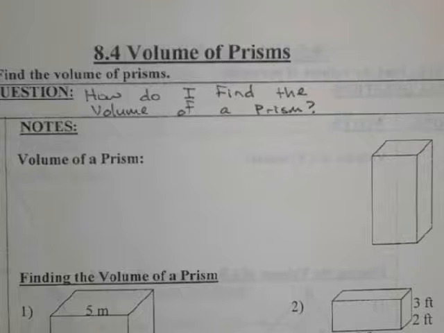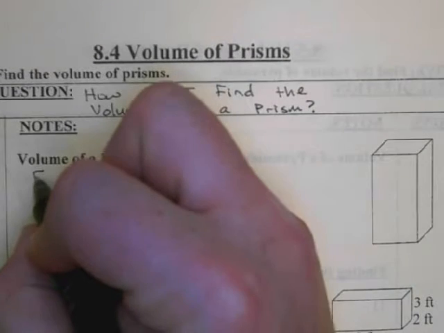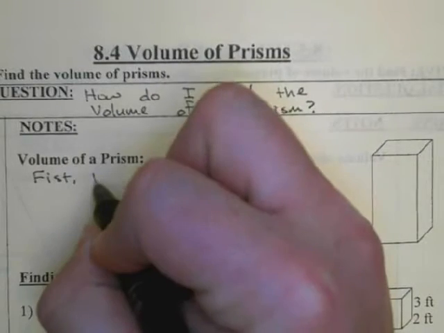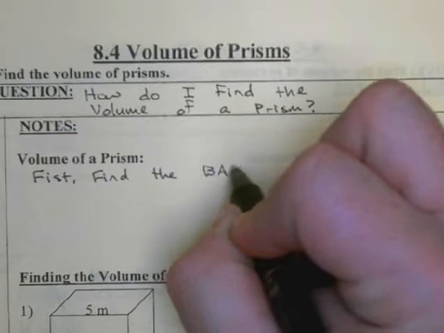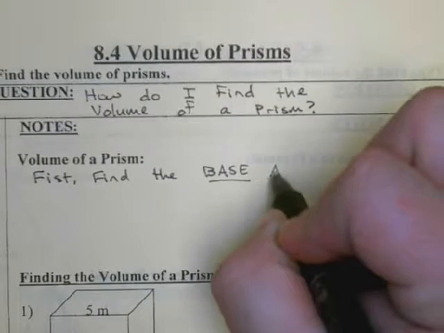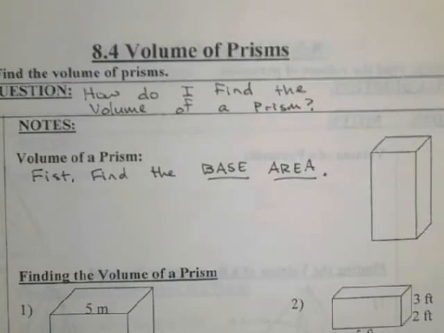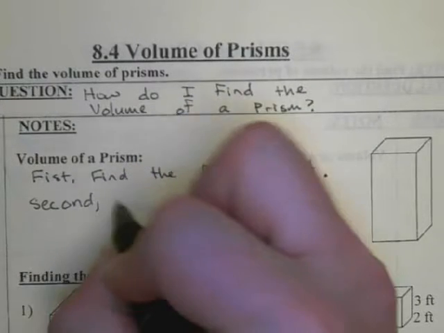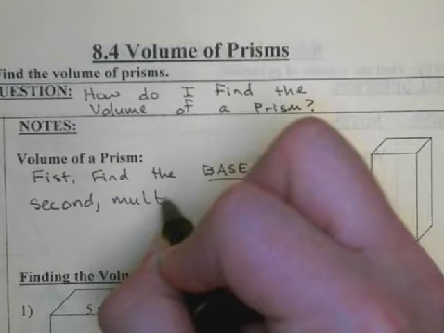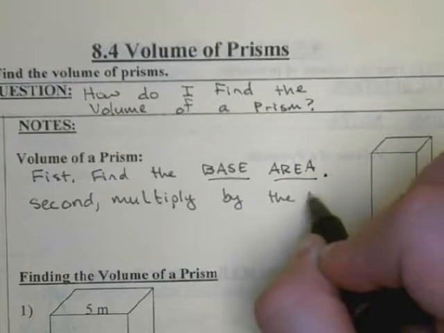And to do so, there's only really two things we have to do. We first have to find the base area, and then second, multiply by the height.